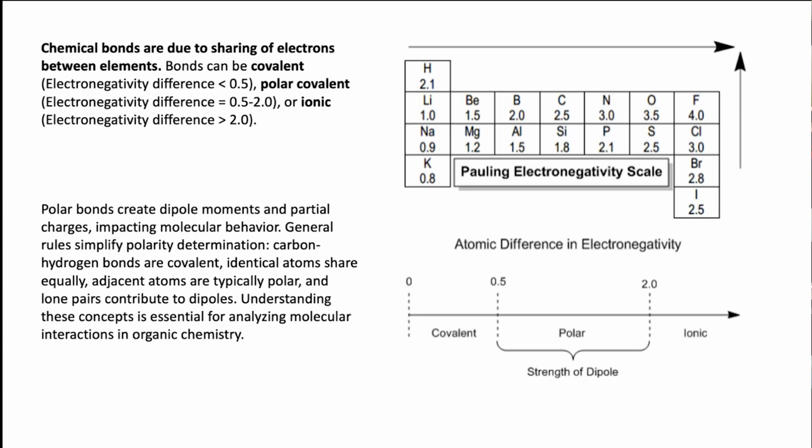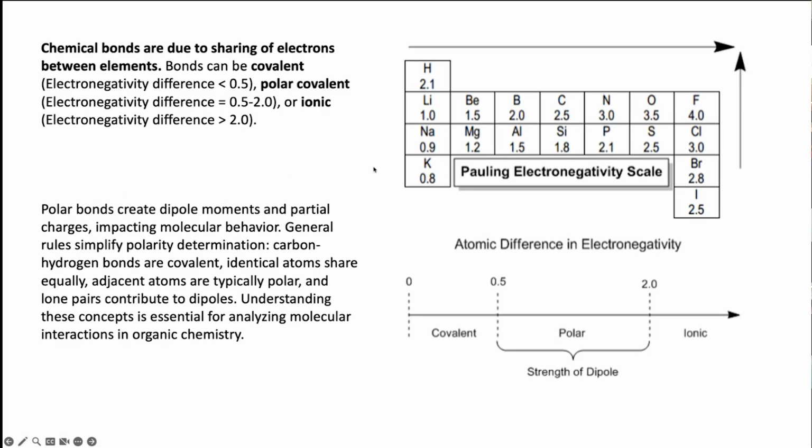Where we have a bond between, say, hydrogen at 2.1 and fluorine at 4, the difference between them would be 1.9. If we have an electronegativity difference between 0.5 and 2, which hydrogen fluoride would fall into, we would call that a polar covalent bond. It's not purely covalent, it's not ionic, it's somewhere in between.